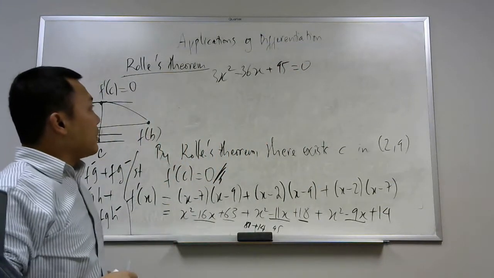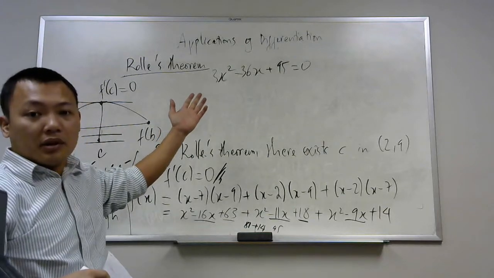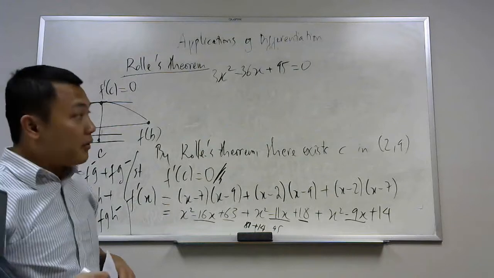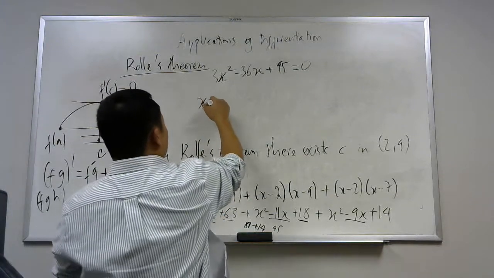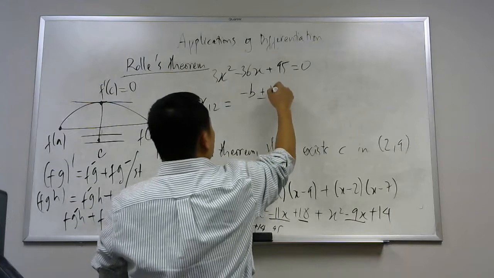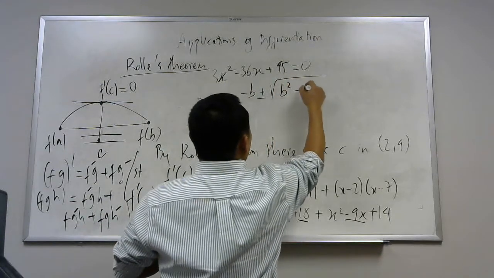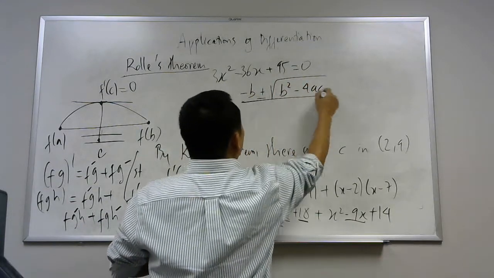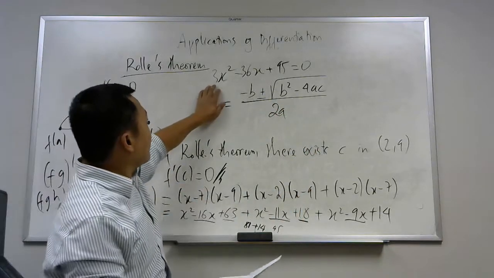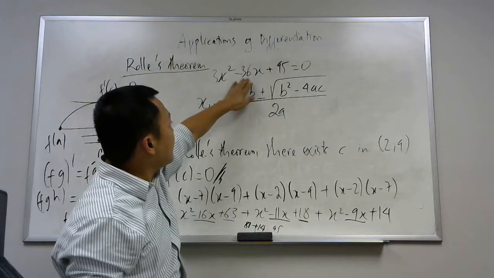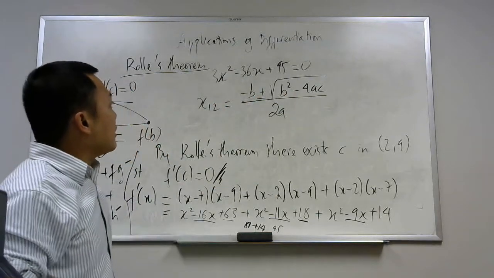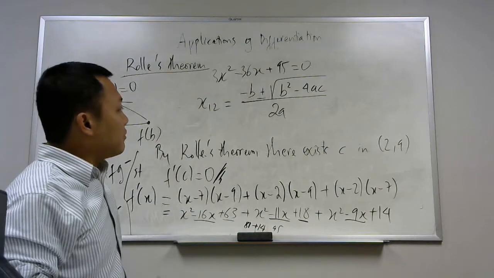That's okay, and we have a quadratic equation. So in this case, we need to use the quadratic formula, which is x1,2 equals negative b plus or minus the square root of b squared minus 4ac, over 2a, right? And you plug in a, where a is 3, b is negative 36, and c is 95.